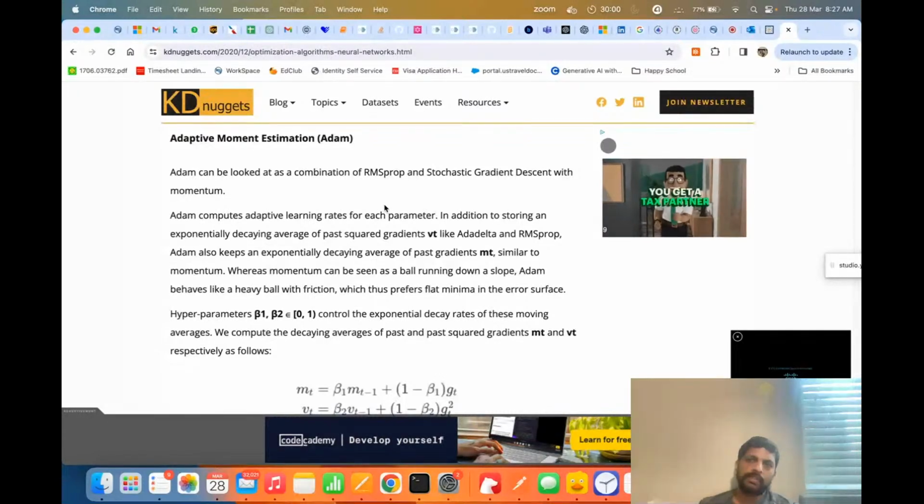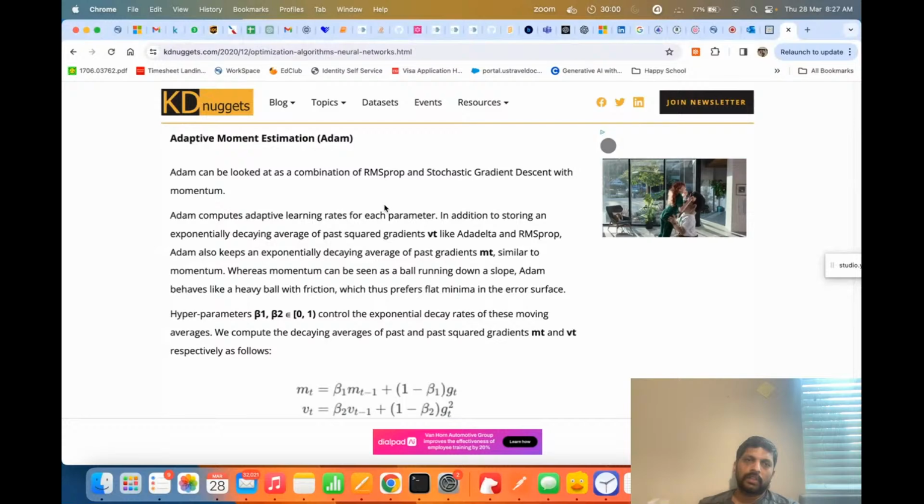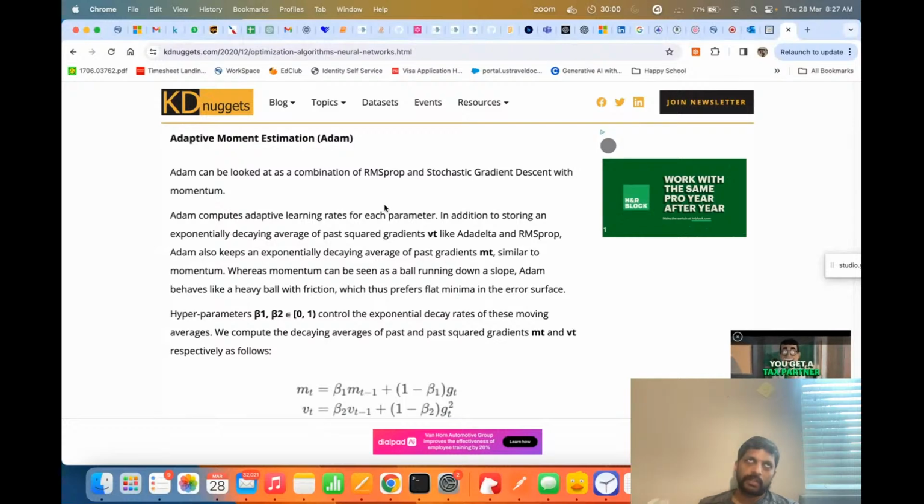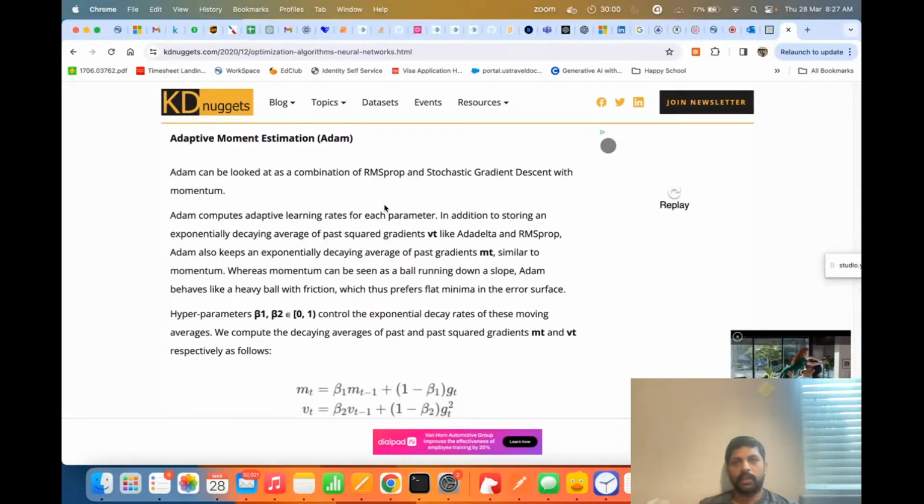So gradient square and gradients both are being included.